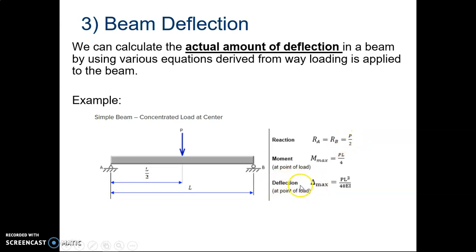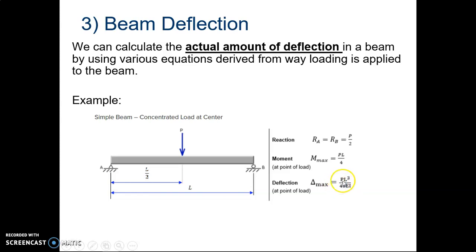Remember this over here? This is where it gives you the maximum deflection. And in this one, for example, when there's a member loaded right in the middle, a point force right in the middle, the max deflection is P multiplied by L cubed divided by 48 EI.